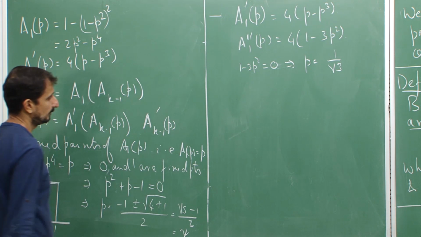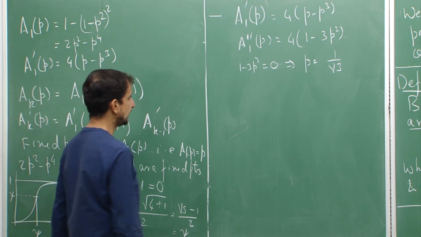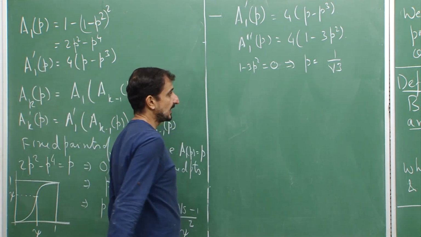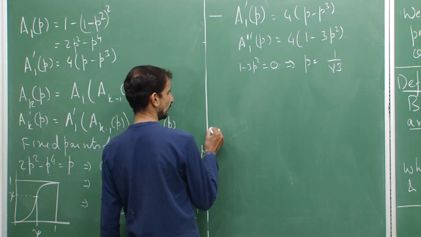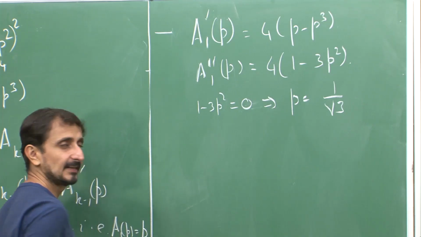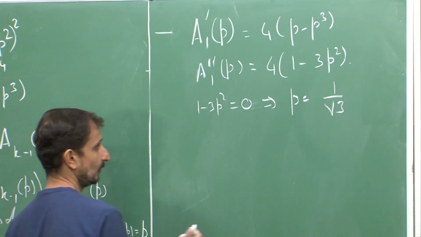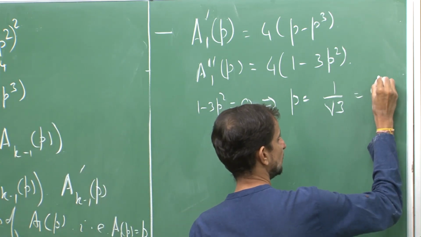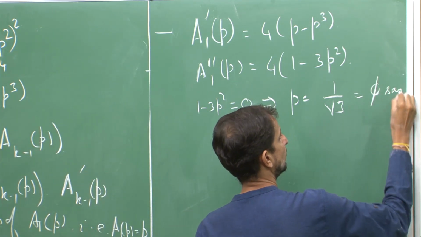Once again minus 1 over root 3 is not needed for us. So, this is an extremum point. Okay. And you can again check that this is actually a maxima as well. Okay. So, we will call this point phi.